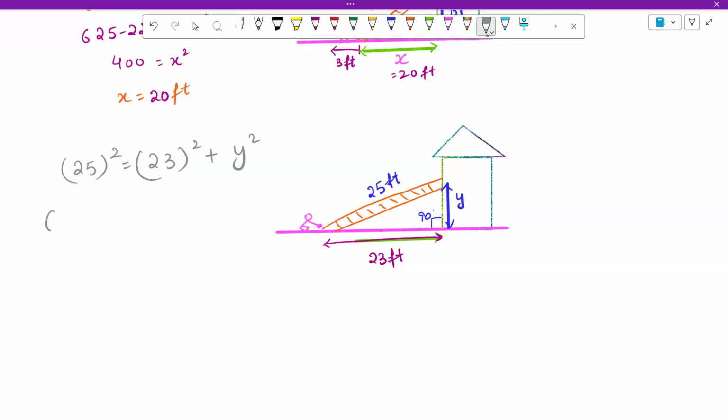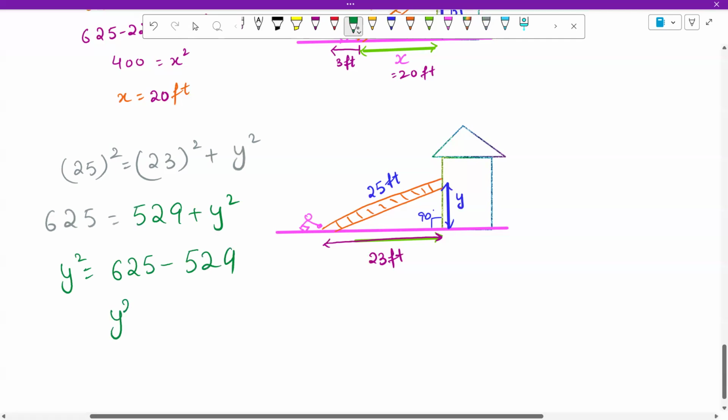So it is again 625. 23 squared is 529 plus y squared. So y squared is 625 minus 529, which is 96.